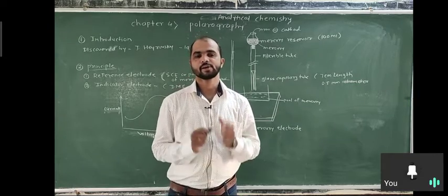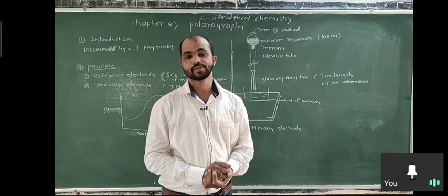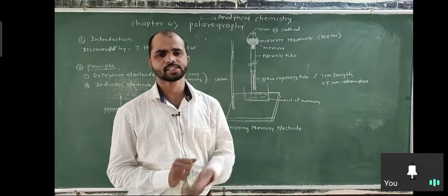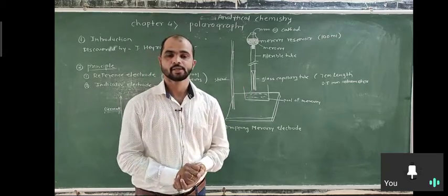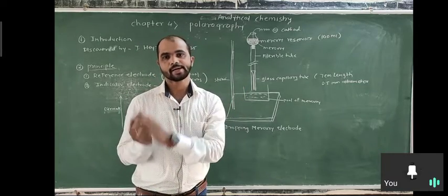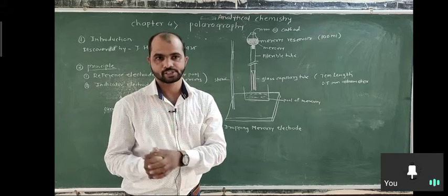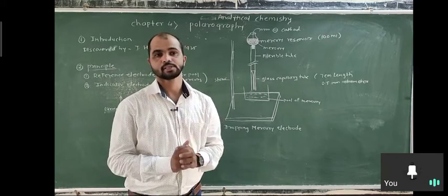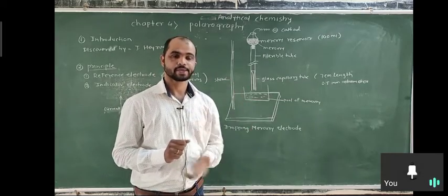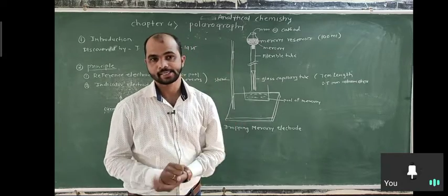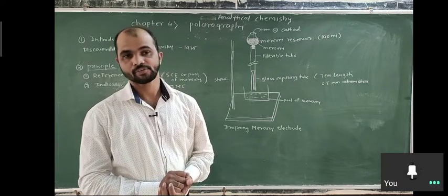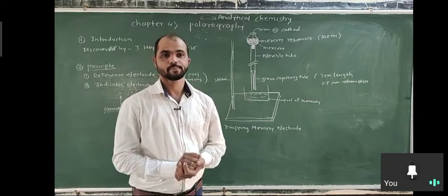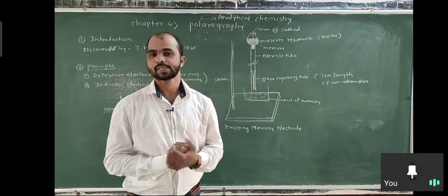So different kinds of radiation are used to elucidate the structure of the component. Based on these different radiations and different principles, different spectroscopic or analytical techniques were discovered, and these techniques help us to know a number of parameters about the unknown sample.